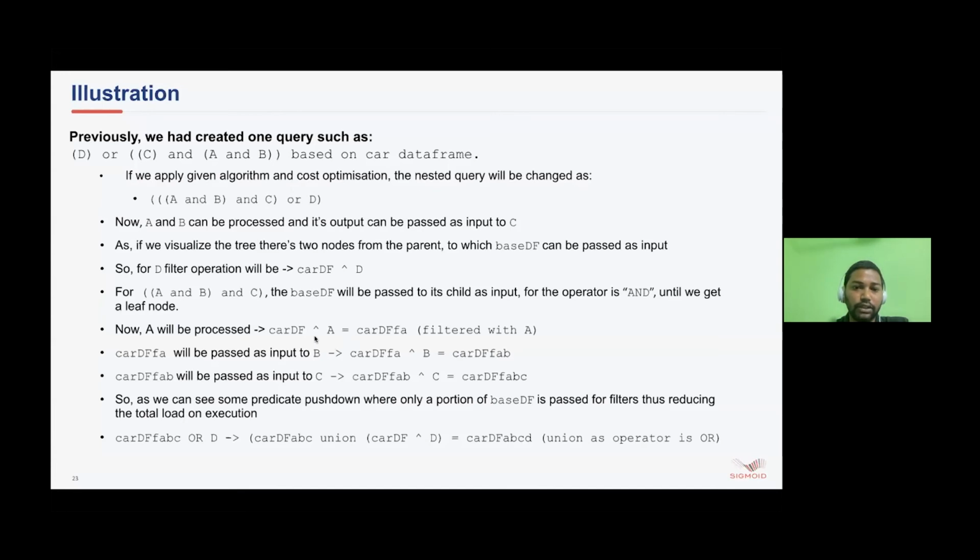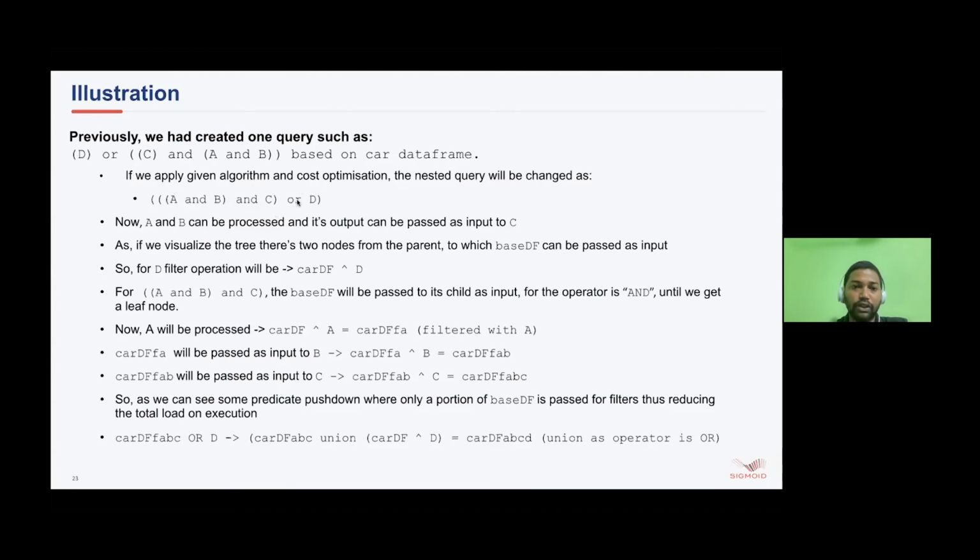And then again, as you can see here, the A filter is applied, then the B filter will be applied, which will have the output of A as an input. Then the C filter will be applied, which will have the output of filter A and filter B as an input. So this will be the output of A and B and C, right?